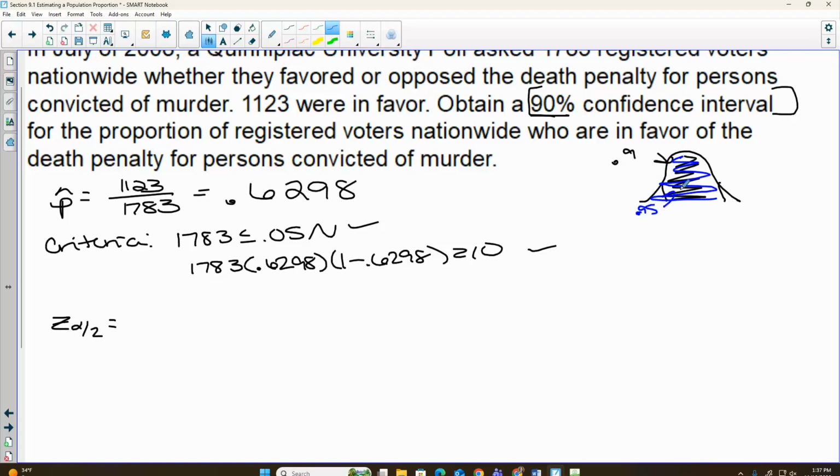That's my total area. You have to find the Z that matches that, so that 95% is to the left. When we're looking for the Z, we look inside the table for 0.95. Everybody do that. The closest I can get to 0.95, I have 0.9495 and 0.9505, so it'd be right in the middle of those. So my Z is 1.645.